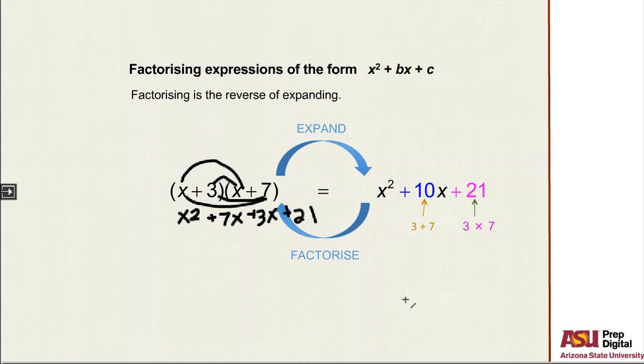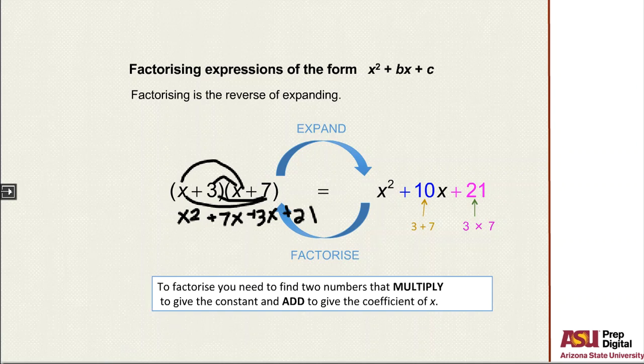The pattern you may notice here is that the 10 is made up of 3 plus 7, and then the 21 was made up of 3 times 7, and then the 3 and the 7 are used in the factored form. So in order to factorize, we're coming up with two numbers that multiply to make the constant.